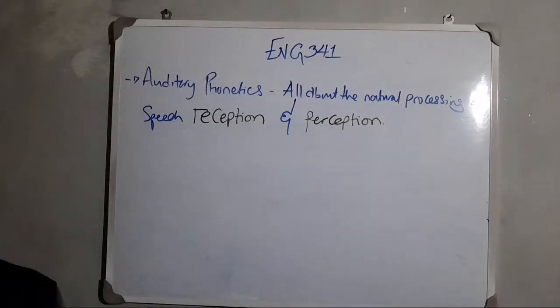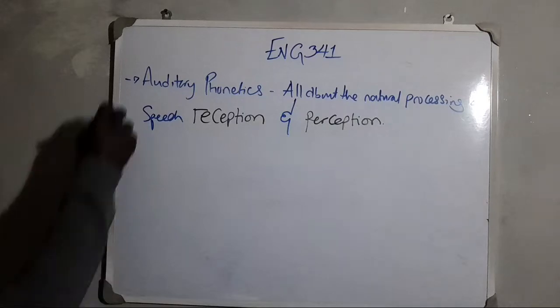The main organ in the body concerned with auditory phonetics, which has to do with the reception and the perception of speech, is what we refer to as the ear.